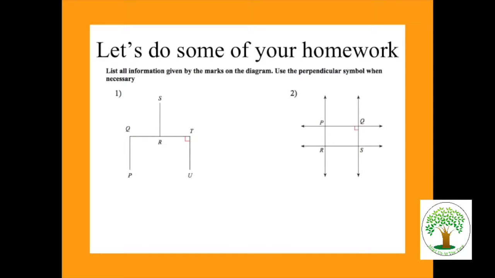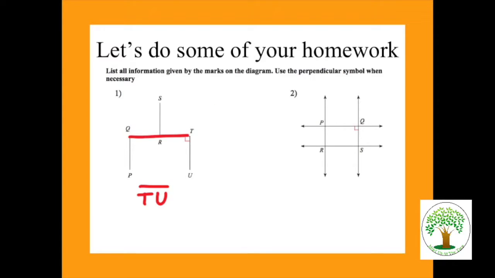But we need to say that something is perpendicular to something else. So I'm going to start off with TU, and I'm going to make it a segment. TU is perpendicular to what? QT. Or you could also call it RT if you wanted to. You could say RT or RQ, because there's the short one or the long one.